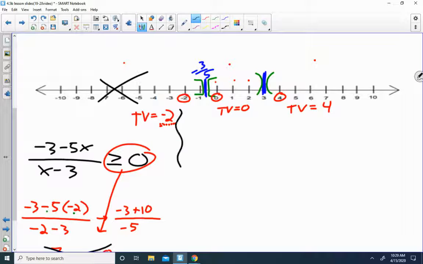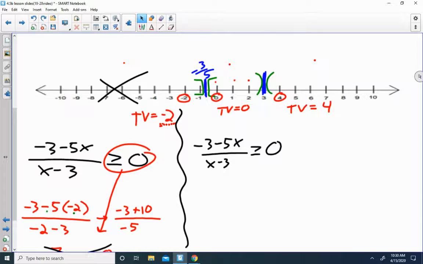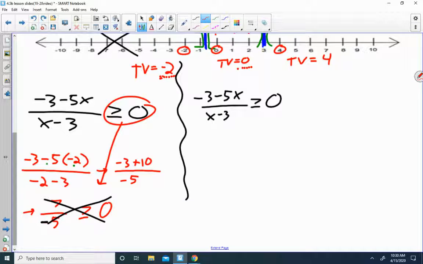Okay, so now we can move on to interval number 2. Again, -3 minus 5x all over x minus 3 is going to be greater than or equal to 0. And this time we're testing just 0. This should be easy to test. So plug in 0: -3 minus 5 times 0 all over 0 minus 3.